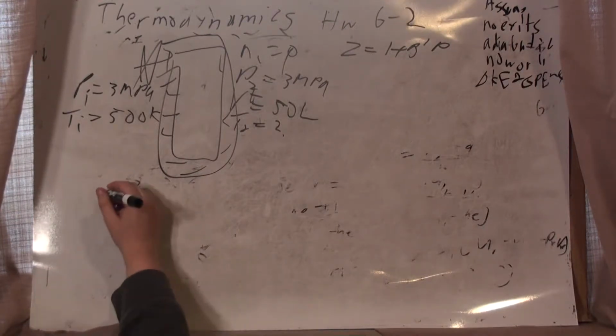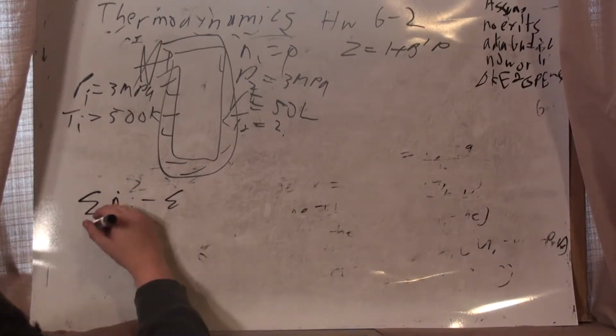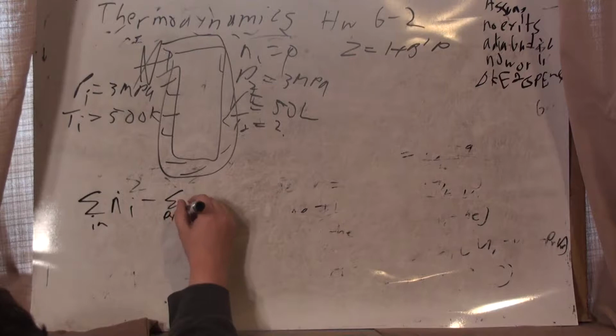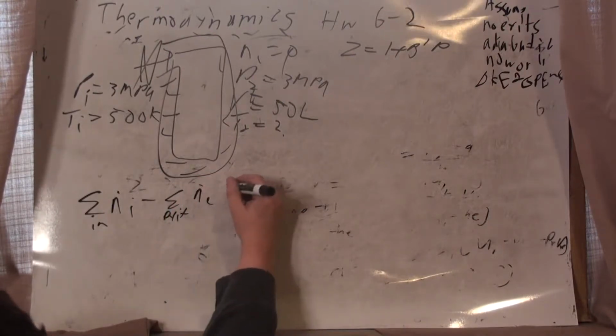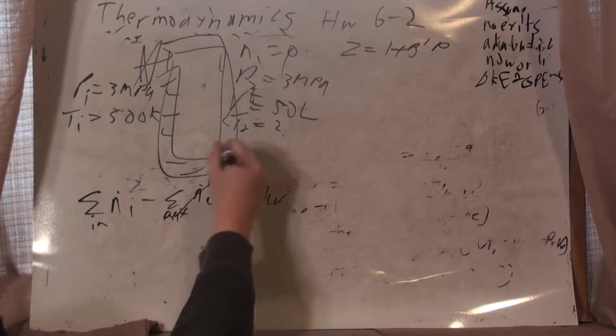Let's see here. First we want to do our mole balance. We draw a picture and we draw a boundary. So N dot I minus exit N dot E equals dN/dt of the control volume. This is 0.